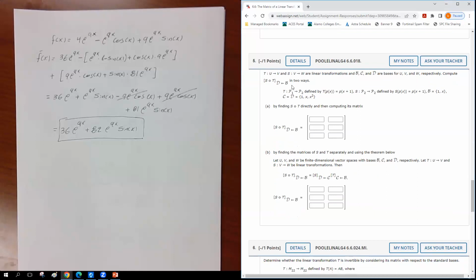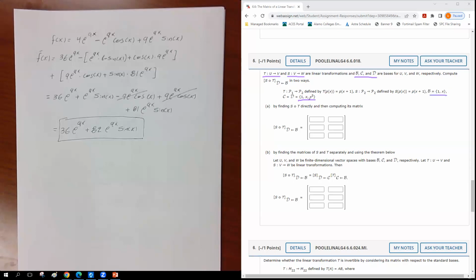So we have transformation T, and here is S, and here are our bases. The bases C and D are similar to this one, 1, x, and x squared, and the base B is going to be 1 and x.